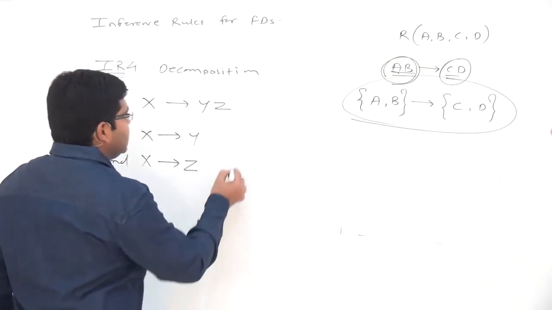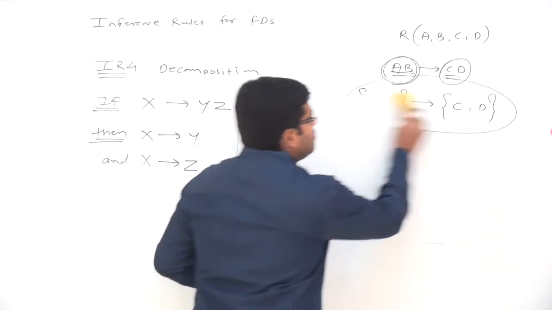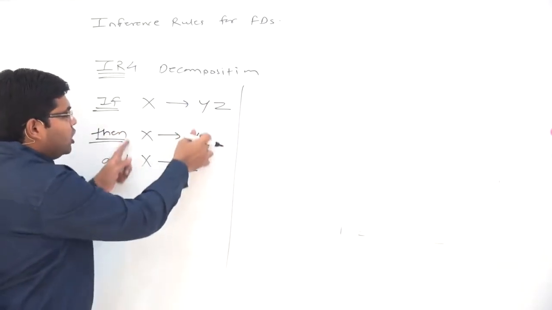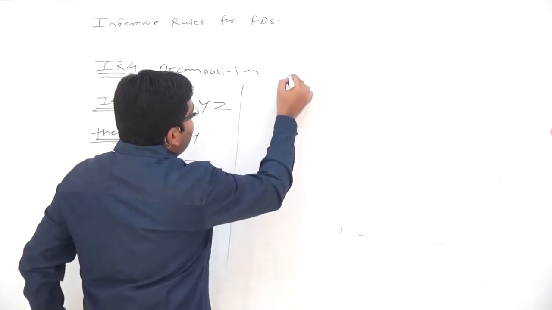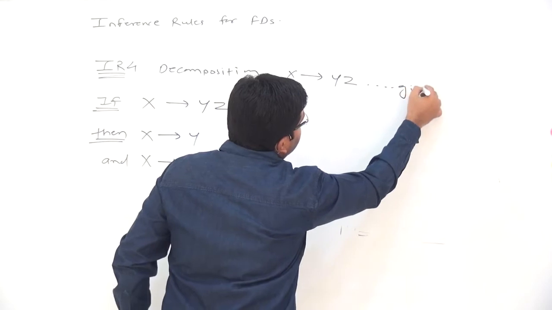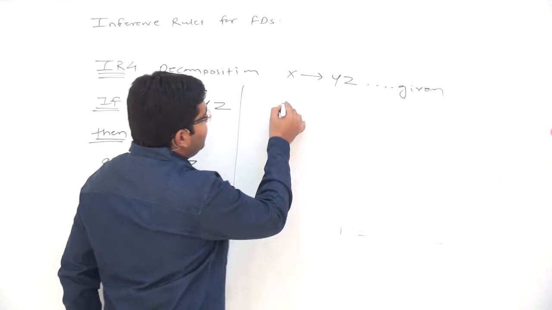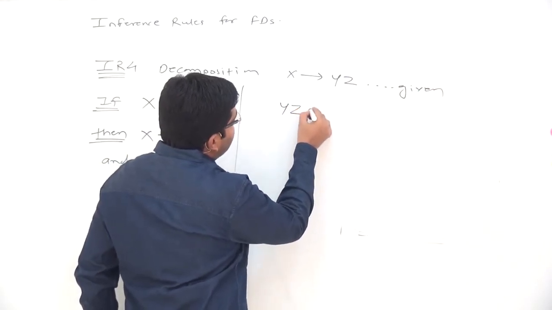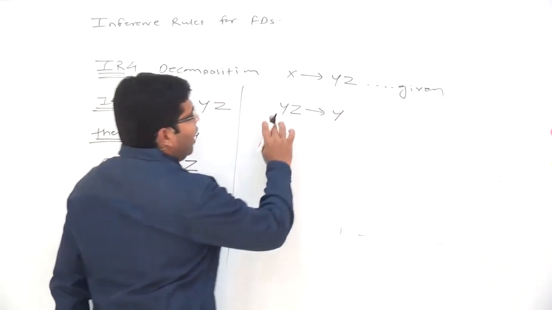Let us see. X gives YZ is given. We will try to prove this rule using the first three rules, IR1, IR2, IR3. So let us say X gives YZ is given to us. Now what we can do, we can say YZ gives Y. Now why can we say YZ gives Y?